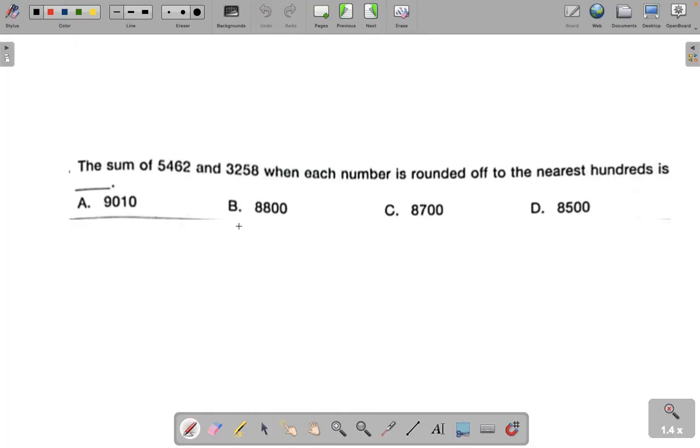The sum of 5462, the first number is 5462. The second number is 3258. So the sum of these two numbers when each number is rounded off to the nearest hundreds.